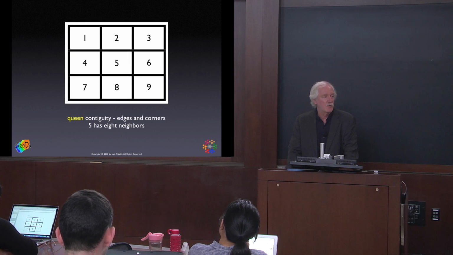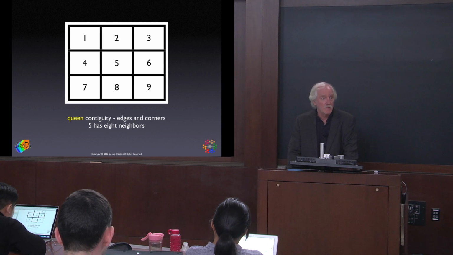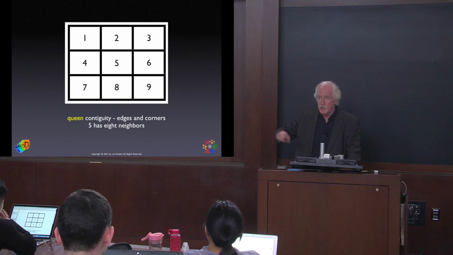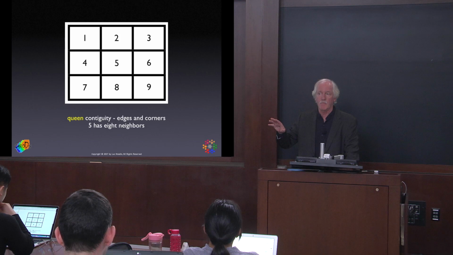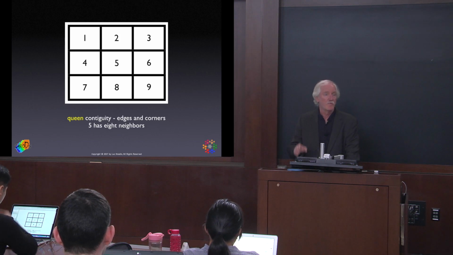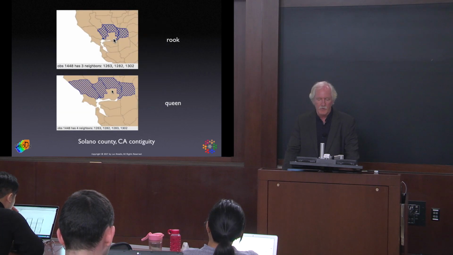Now, why is this relevant? Well, if you have rook neighbors on a grid, there's only 4. If you have queen neighbors, there are 8. So there's much more information incorporated in a queen neighbor structure, everything else being the same, than in a rook structure.